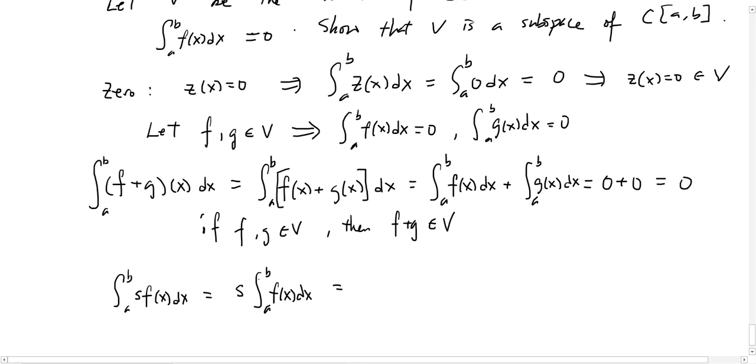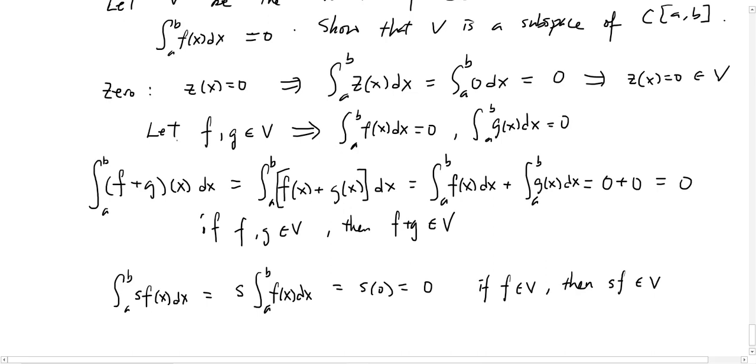And since the integral from a to b of f of x dx must equal 0 if f is in V, then it just becomes s times 0. And guess what? s times 0 is 0. So that means that if f is in V, then sf is also in V.